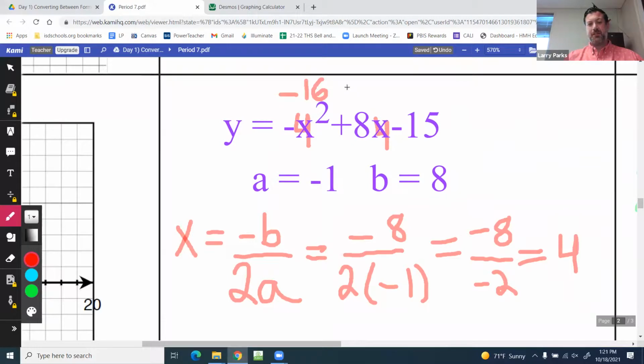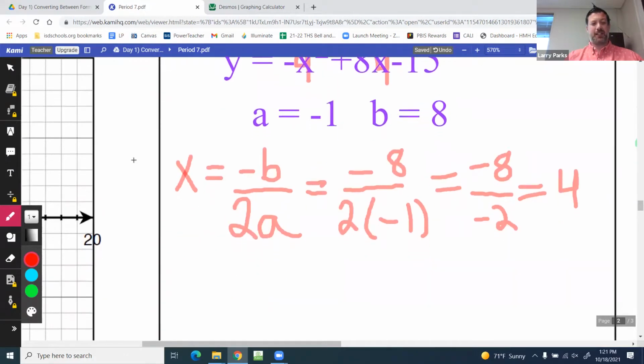And then 8 times 4 is 32. And you subtract 15. Let's see, negative 16 and negative 15 is negative 31. So 32 minus 31 would be 1. So I just found the vertex is at 4, 1.